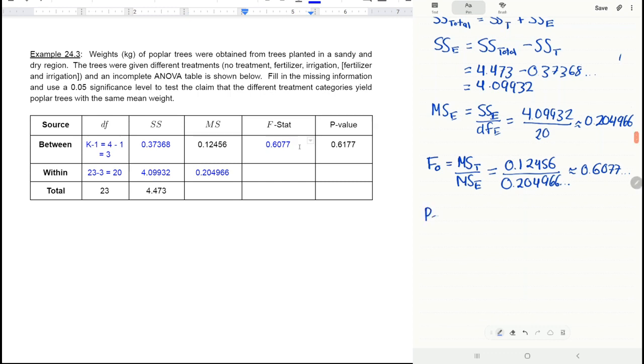And the p-value is going to be the probability that we observe our test statistic, with 3 numerator and 20 denominator degrees of freedom, being larger than 0.6077. And we're given that this is 0.6177.